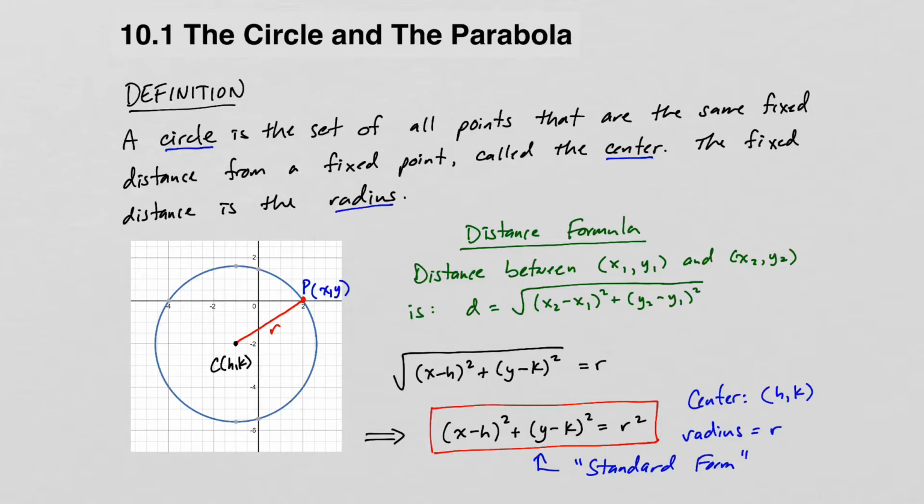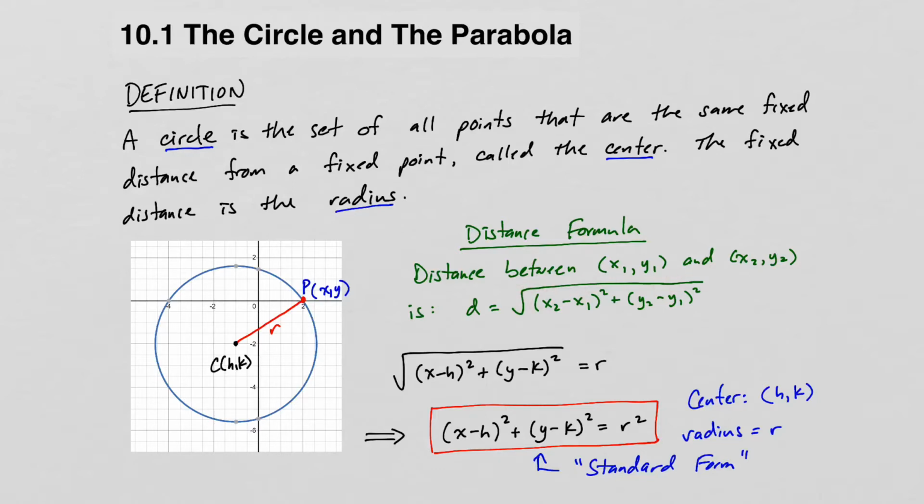So to do this, we need to talk about the distance formula. The formula for the distance between any two arbitrary points in a plane is distance equals the square root of: subtract the x values and square it, subtract the y values and square it, add those together, and then you take the square root of that.